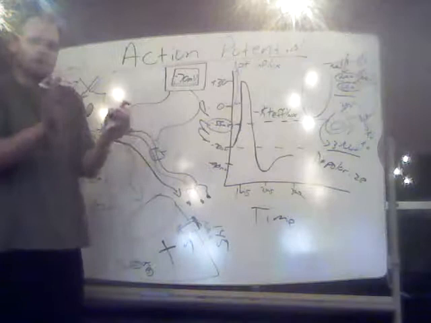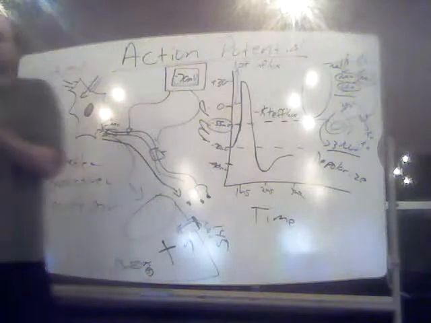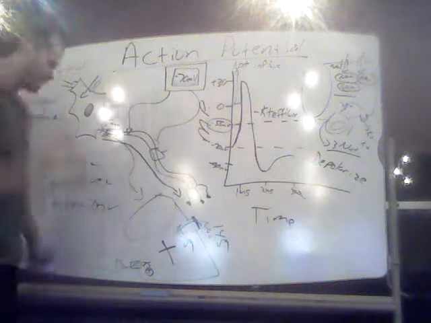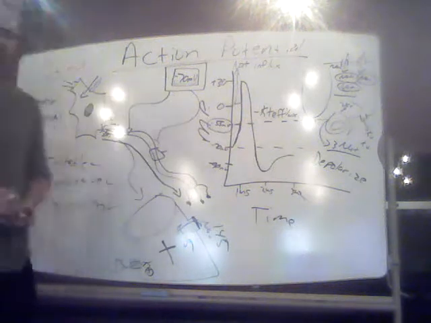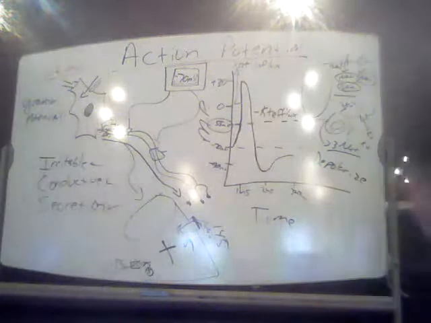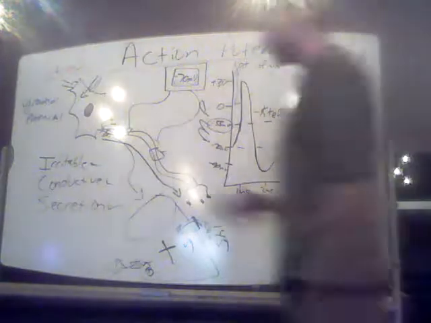That's going to make those sodium gates close almost as quickly as they open. Same thing with potassium: because of the steep concentration gradient across the cell membrane, they're going to open and close just as quickly.